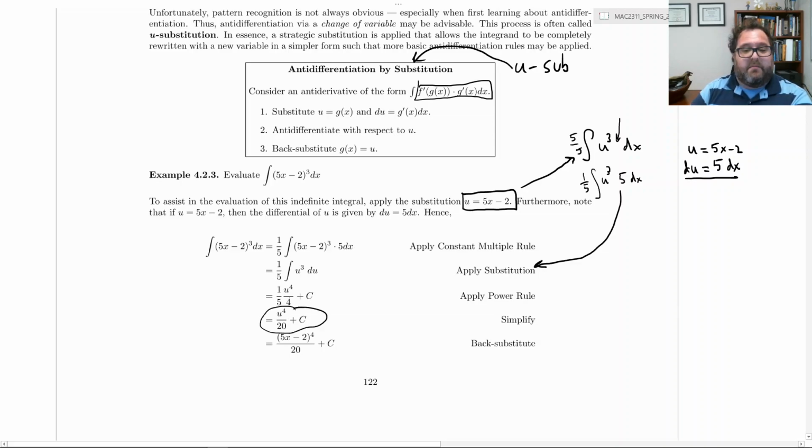But now we have to be careful here, because that's not our answer. That's our answer almost. Remember, we started with the function in terms of x. Way up here, that function is in terms of x. So I want my answer to be in terms of x also. So what I do is I just reapply the substitution. We call it back substitution. I know that u equals 5x minus 2, so I replace u with what I know it to be equal to, 5x minus 2.